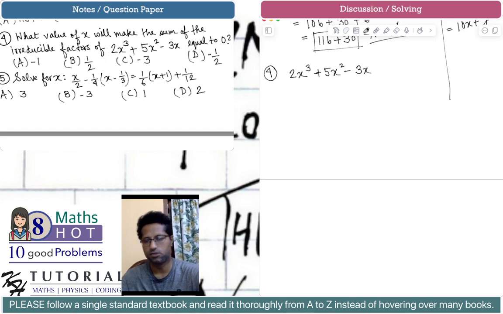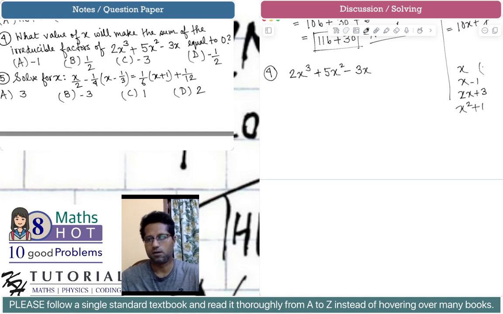Now, what is an irreducible factor? An irreducible factor is a factor of a polynomial which cannot be further factorized into two or more subfactors. For example, x is an irreducible factor, x minus 1 is an irreducible factor, 2x plus 3 is an irreducible factor, x square plus 1 is an irreducible factor.